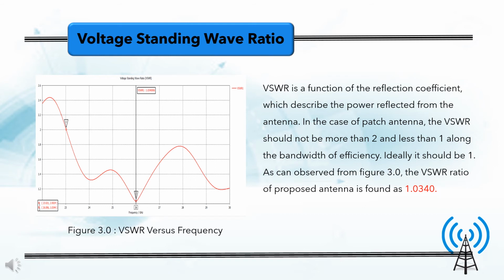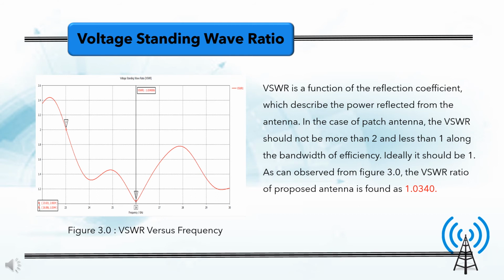Next, voltage standing wave ratio. Voltage standing wave ratio (VSWR) is a function of the reflection coefficient, which describes the power reflected from the antenna. In the case of a patch antenna, the VSWR should not be more than 2 and not less than 1 along the bandwidth of efficiency.